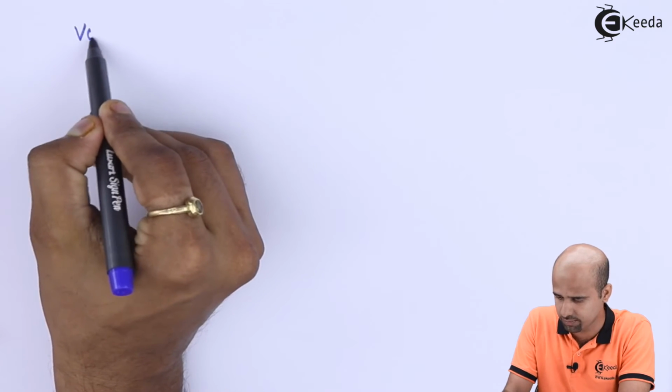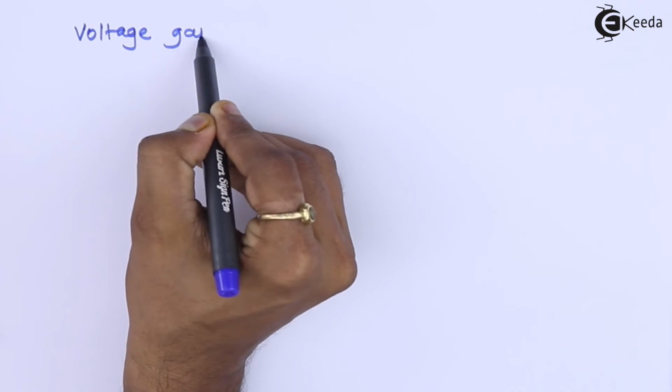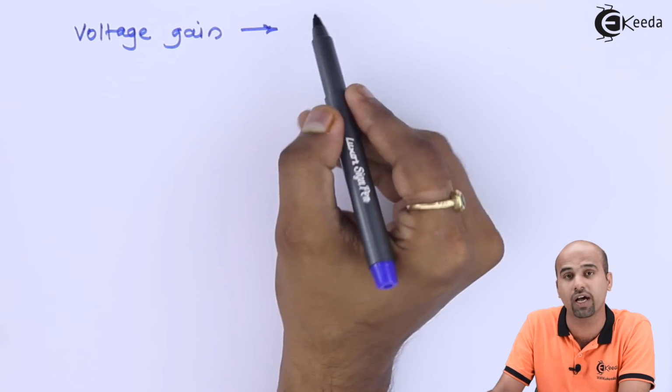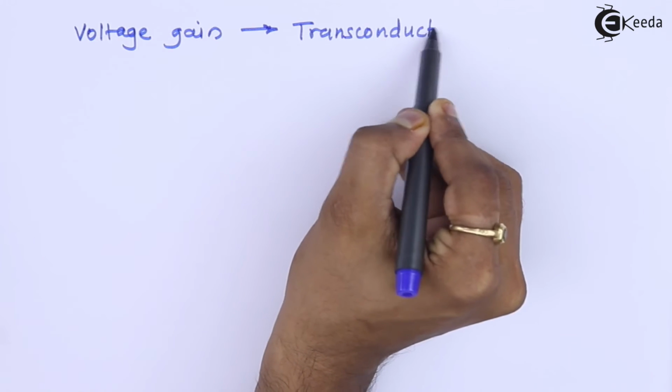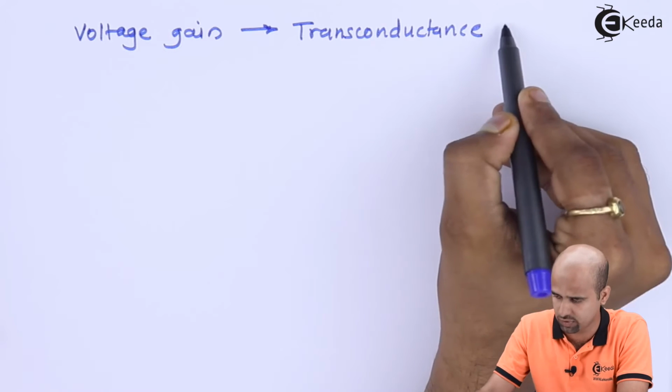First of all, in step number 1, we will start with DC analysis. This is because for voltage gain, we require the value of transconductance, which is not given.